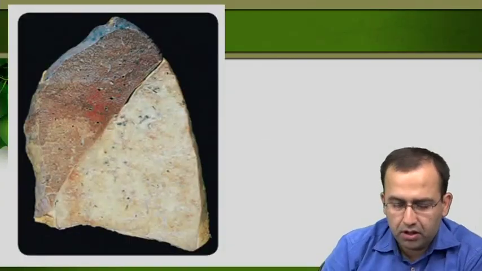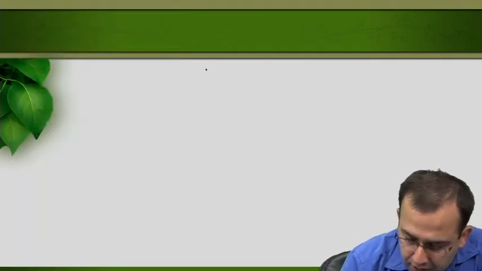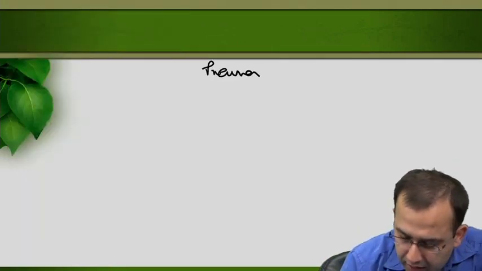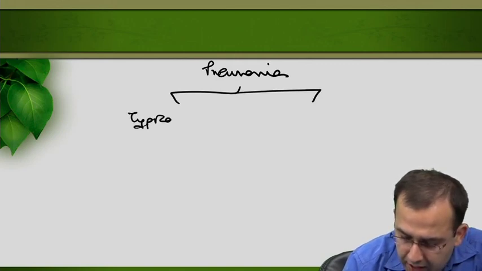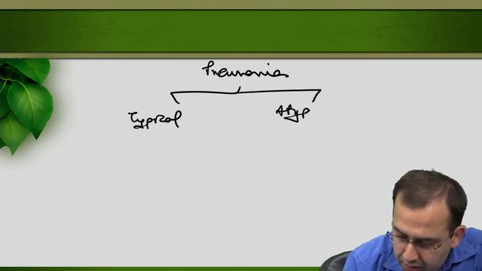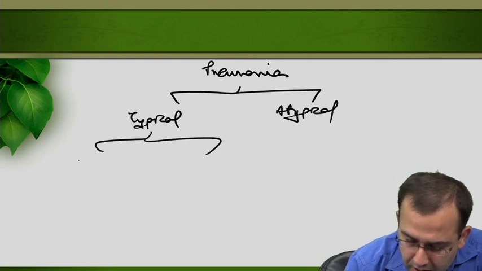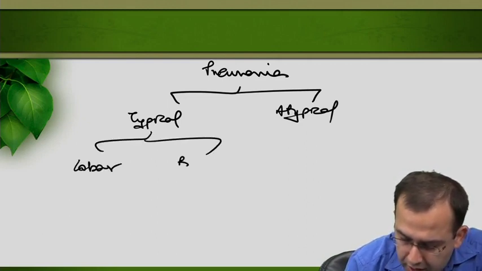Before I go to the pneumonias, I can divide pneumonia into two types, typical and atypical. Typical pneumonia is further of two types, lobar pneumonia and bronchopneumonia.